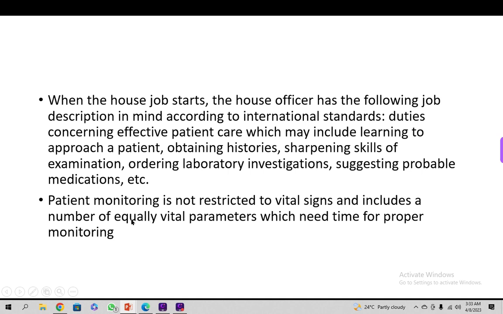The general examination, the systemic examination have vital parameters which need time for the proper monitoring. It may be purely your bedside assessment, it may be purely dependent upon the instruments you are using. It depends. But it is not restricted only to the vital signs.